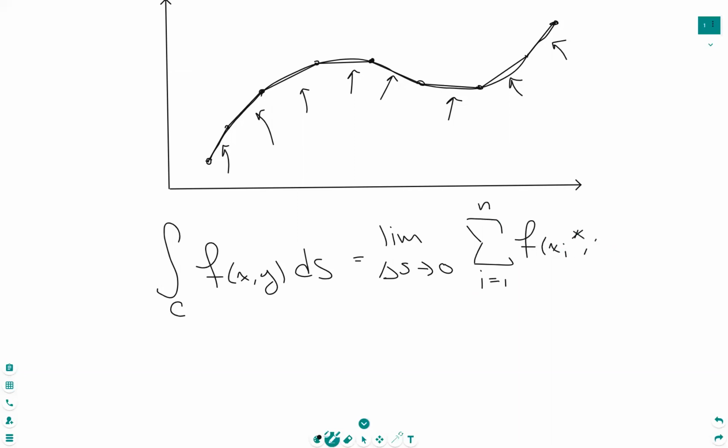So f at xi star and yi star, at our delta si. So this is how we write a line integral. So this is with respect to the arc length, this ds.